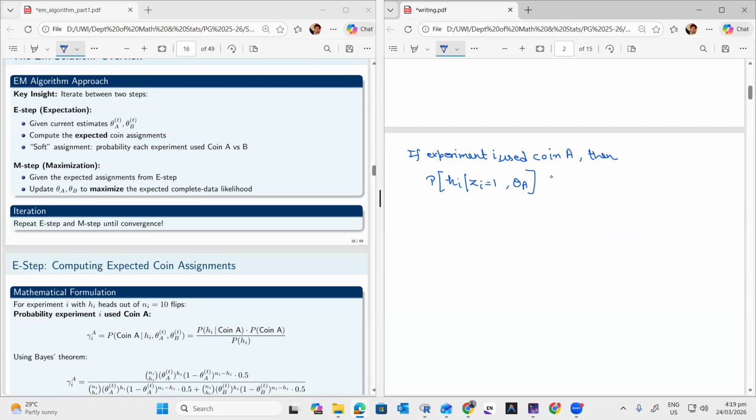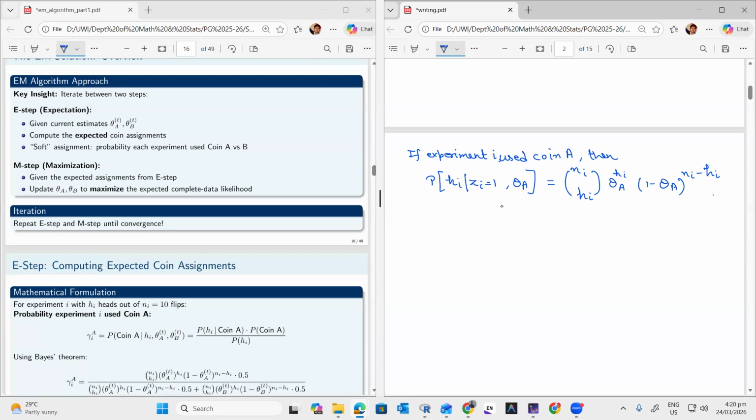For coin A, it will be equal to Ni choose Hi, where Ni is the total number of flips and Hi the number of heads, theta A raised to the power Hi into 1 minus theta A raised to the power Ni minus Hi. That will be the PMF of your experiment.